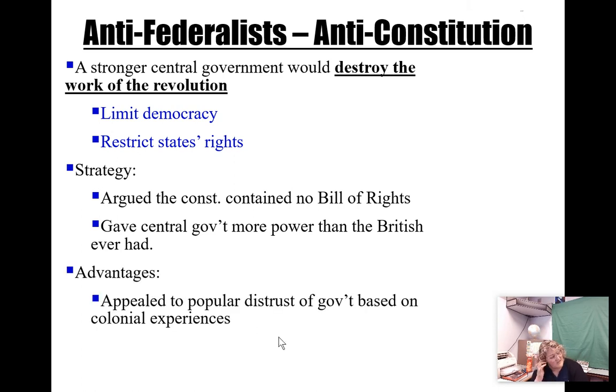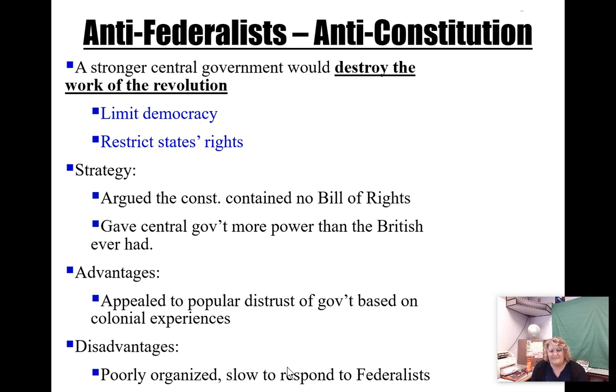The advantages that they had is that they were able to appeal to the popular distrust of government that the former colonists felt. So now we have citizens of the United States, but most of them remember being colonists and they remember not trusting their centralized government. So they really used an emotional appeal in trying to oppose the Constitution.